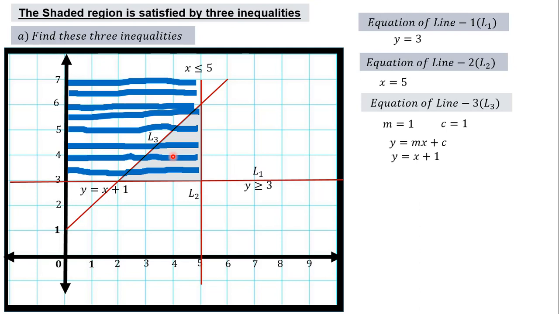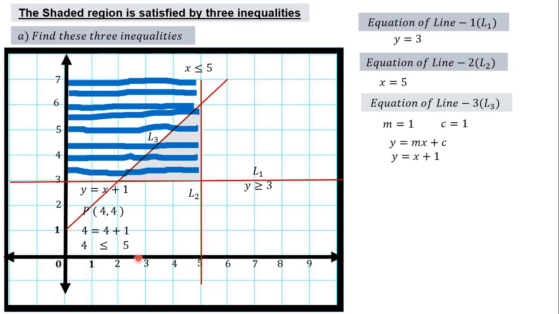So let us consider this point for the third line, having the coordinates 4 and 4. If you place the value of x and y in this, we are going to get 4 and 4 plus 1, which is 5. Now students, here you can see that 4 is less than 5. So we have to put the sign that is less than or equal to.